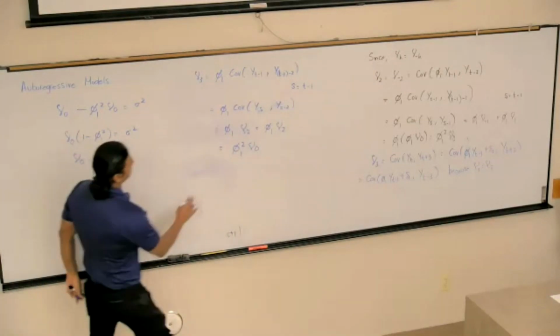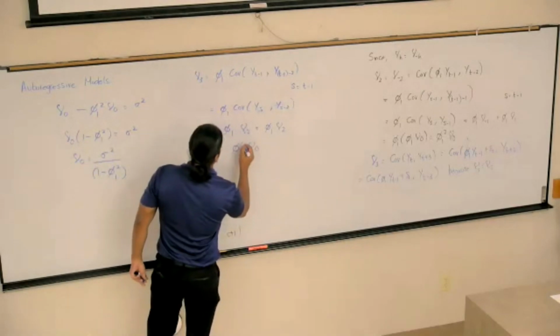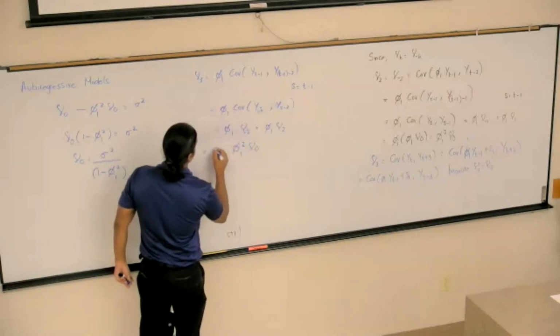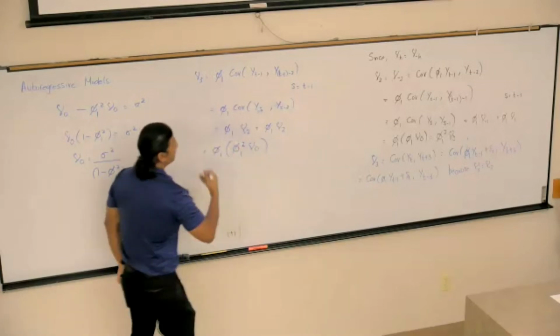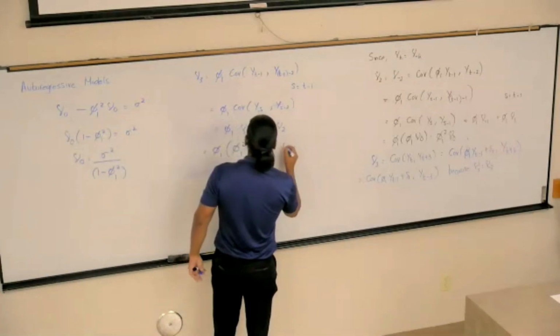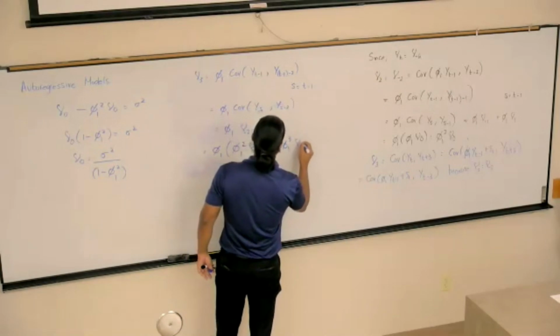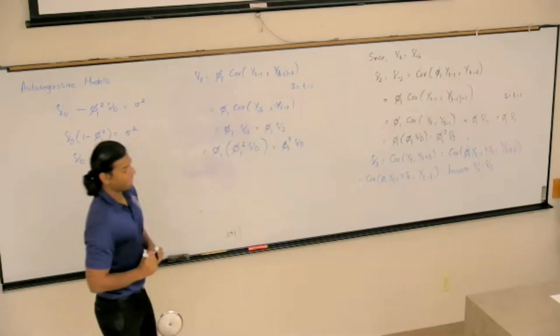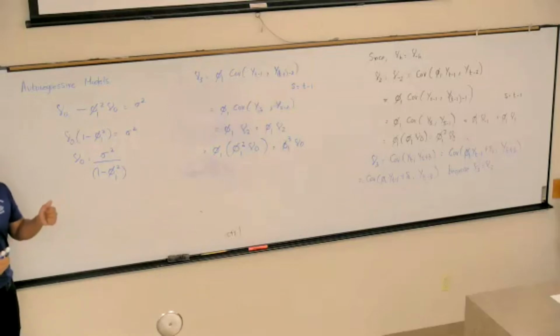Or would it be gamma cubed? Phi 1 squared gamma naught and phi 1. You plug that in. Now you would have phi 1 cubed gamma naught. So gamma 1 happens to be phi 1 gamma naught. Gamma 2 is phi 1 squared gamma naught. Gamma 3 is phi 1 cubed gamma naught. What is gamma 4?